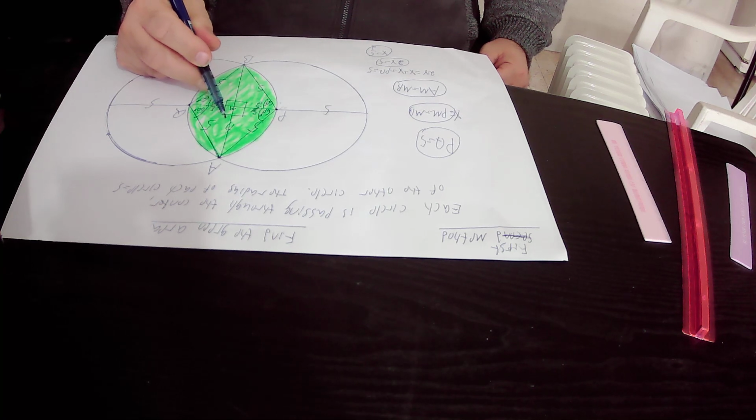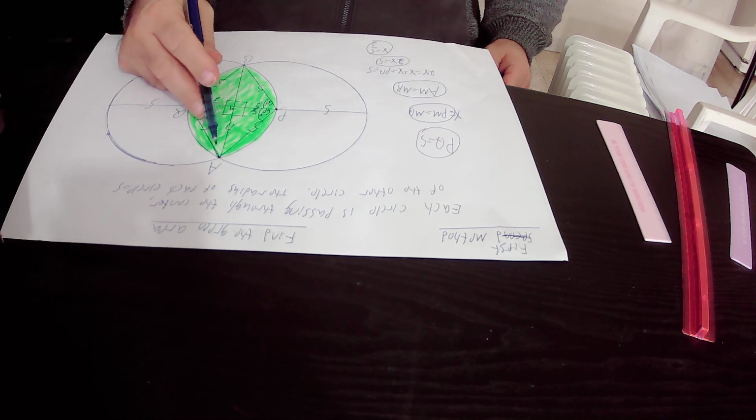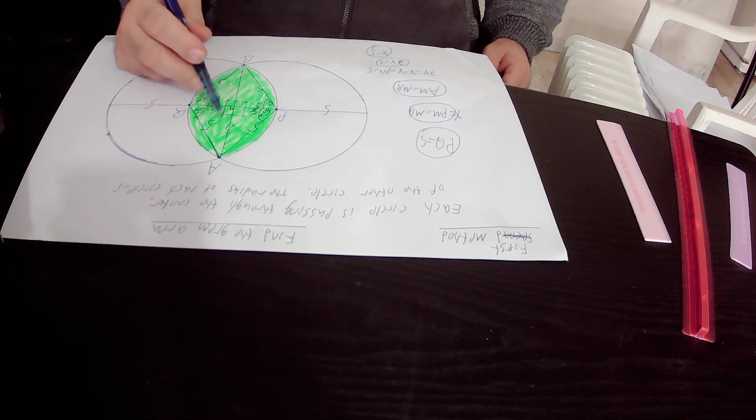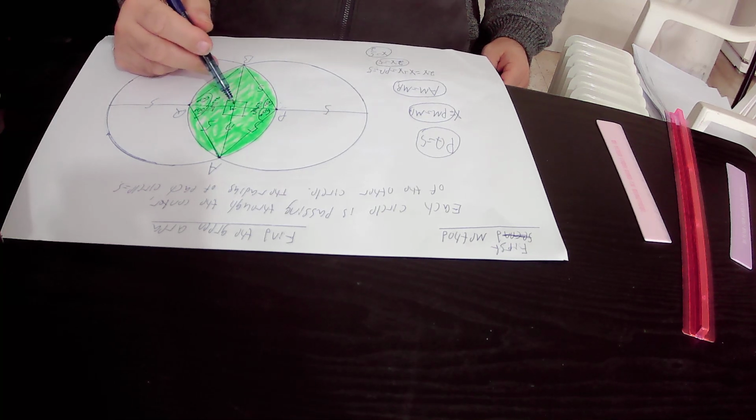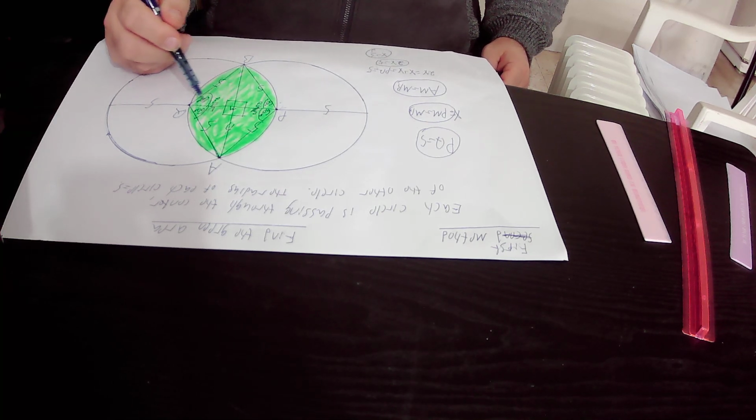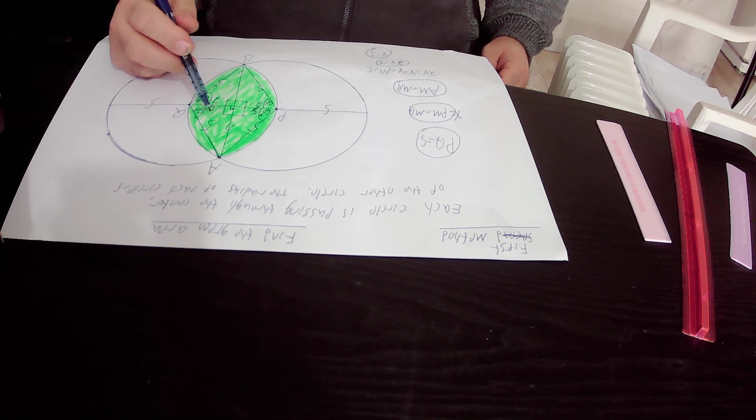After we find the value of H, we will multiply it by 2 and we will get the value of AB. AB will be the base of triangle AQB. We will multiply the base by the height, that is MQ, that is 5 over 2, and divide by 2 and we'll get the area of triangle AQB.